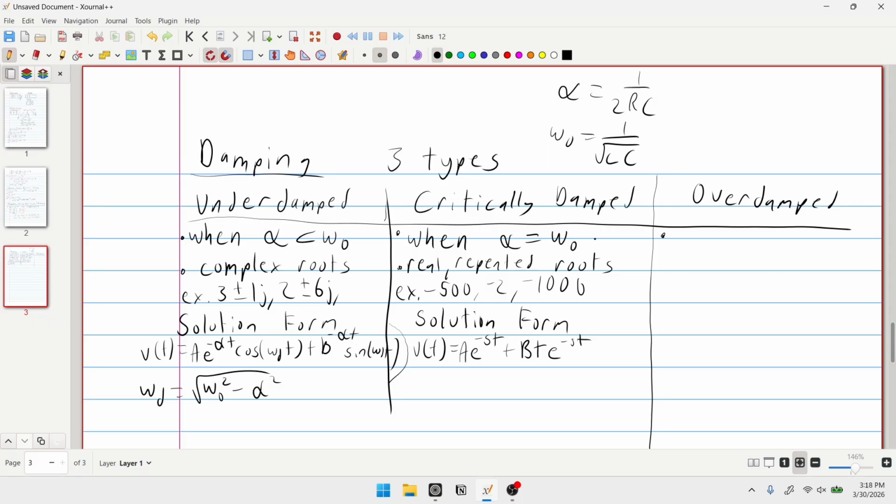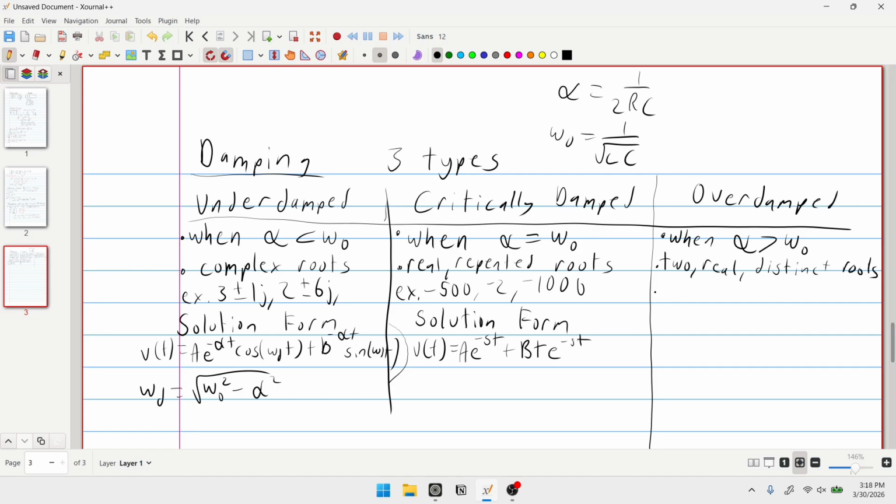If you look at the others, this means when alpha is greater than our natural frequency. So this means we have two real, distinct roots.